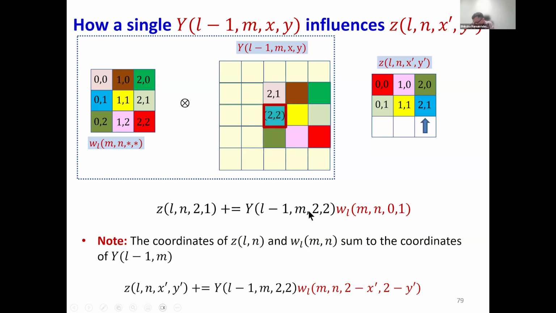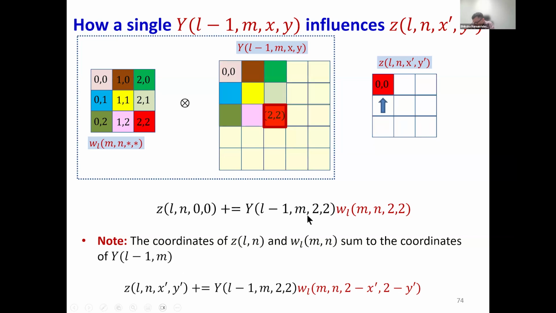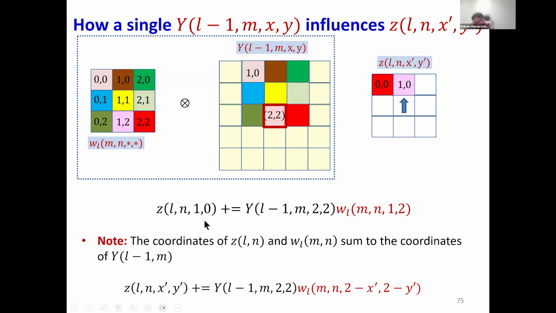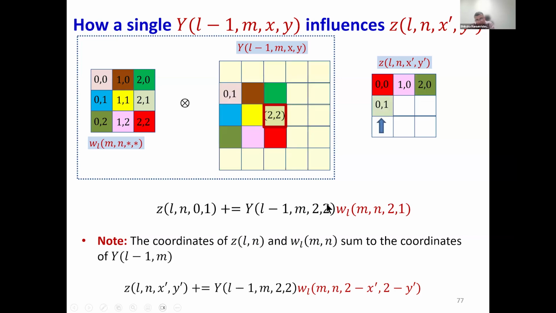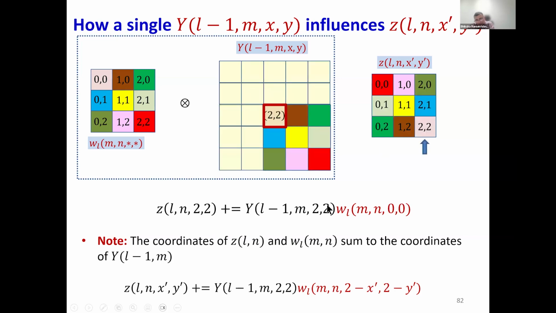So you can verify this. Over here at Z0, Y22: when this is 0, 0, this is 2, 2. When this is 1, 0, this is 1, 2. So the indices of the Z and the W add to give you the index of the Y in every case. Can you all see this?